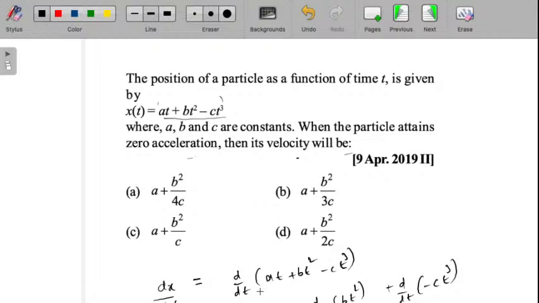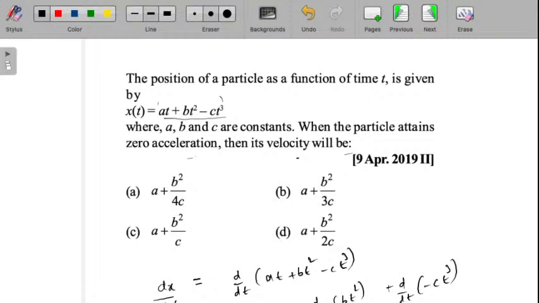What would this be? d by dt of at. a is a constant, take it outside. a times d by dt of t, which is 1. Plus d by dt of bt square. b is a constant, take it outside. d by dt of t square. A very interesting thing here, how did I get this one? Always remember dt by dt, you could just cancel them, because delta x by delta x, as we know, we could just cancel it.